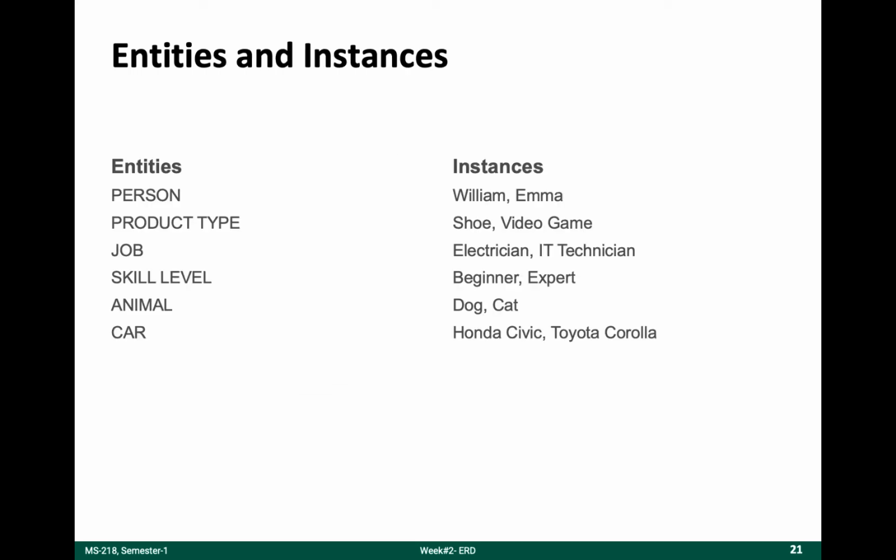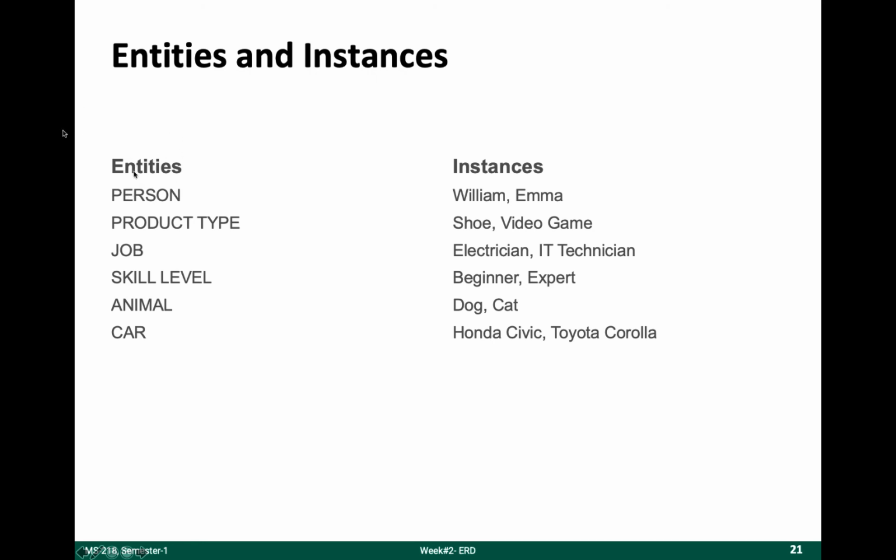So we have examples. For example, we have an entity named person, and it could be any, right? William, Emma. Or product type, it could be shoe, it could be jacket, or it could be video games. So these are the instances, right? And we are talking about entities.